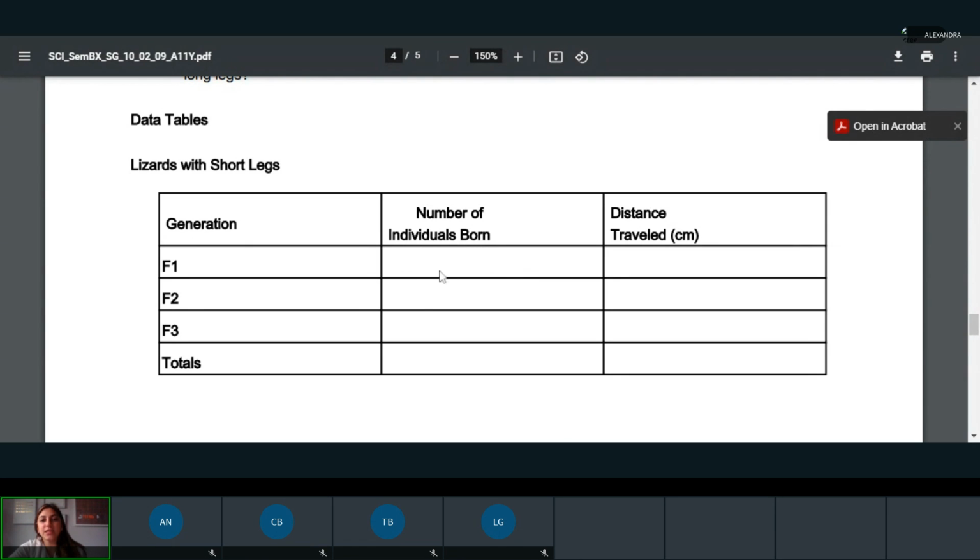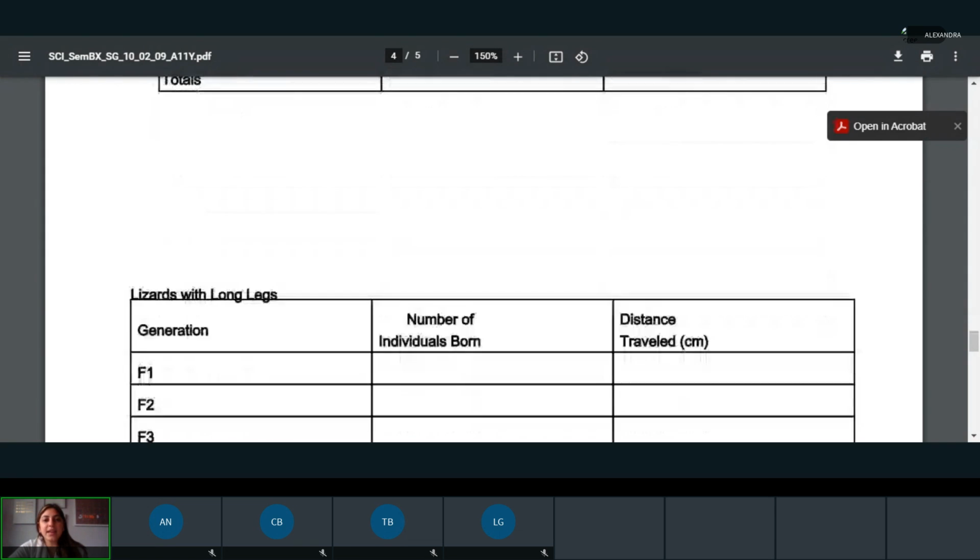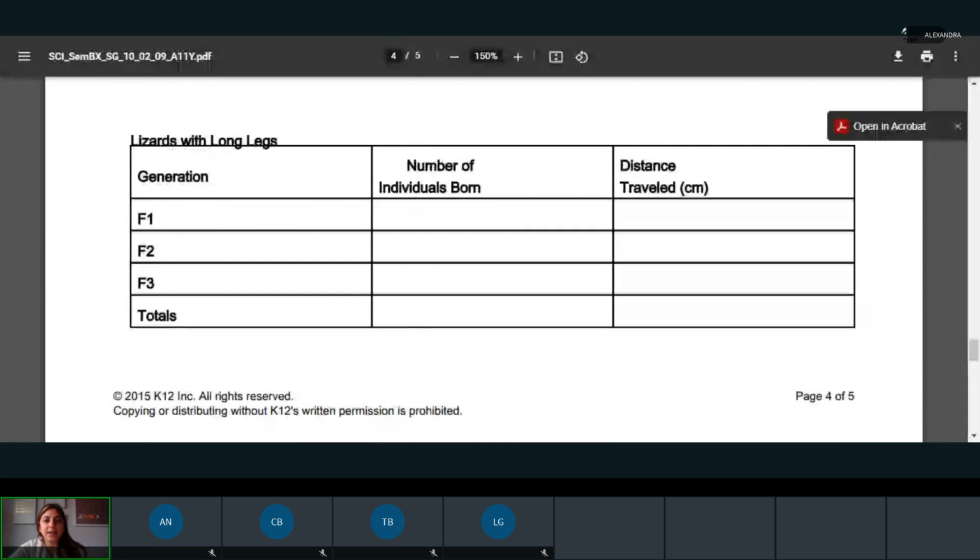In that line, that's where you're going to write the number 2. And then in this table, in this line right here, because we're still working with the F1 generation, you're going to write down 4 because that's how many individuals were born. Okay, great. And then we're trying to figure out the distance traveled right now. So that's what we're trying to do.